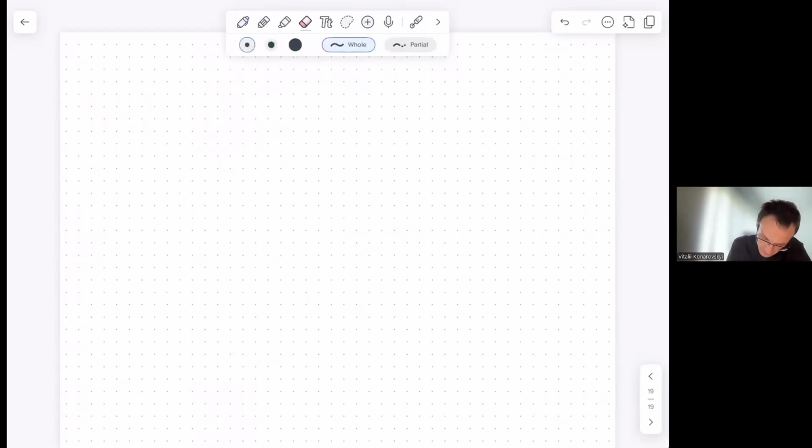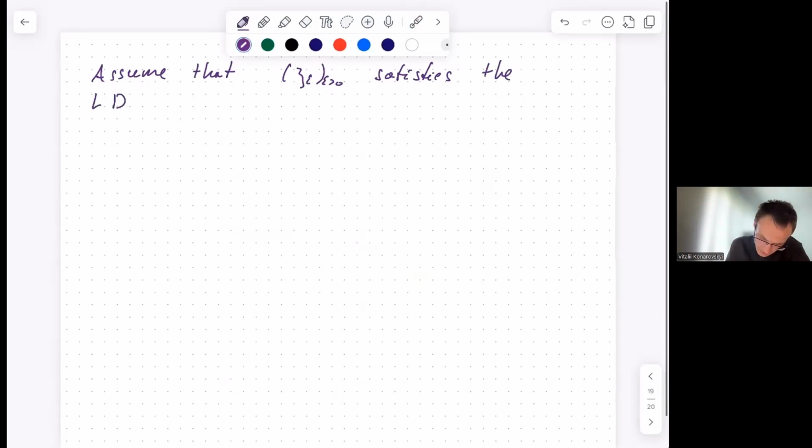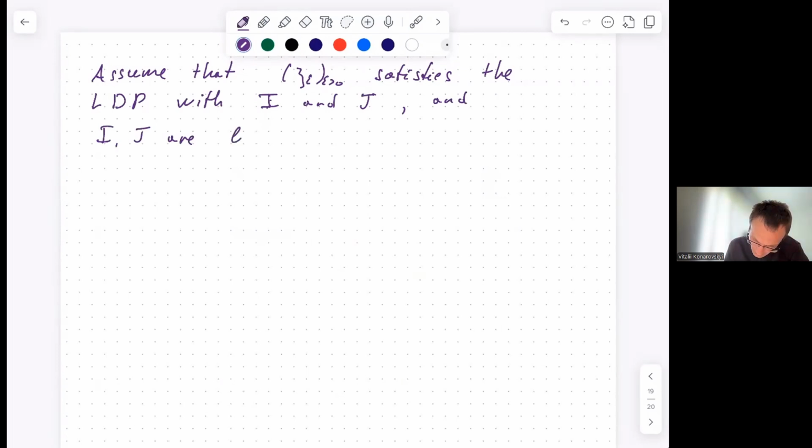So we assume that psi epsilon satisfies the large deviation principle with both rate functions I and J, and I, J are lower semi-continuous.